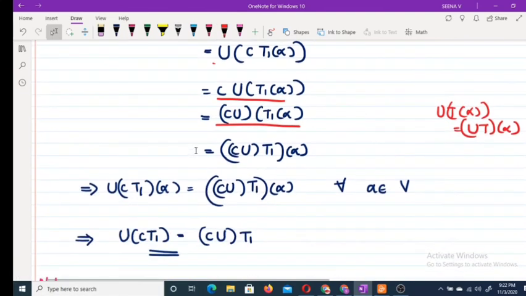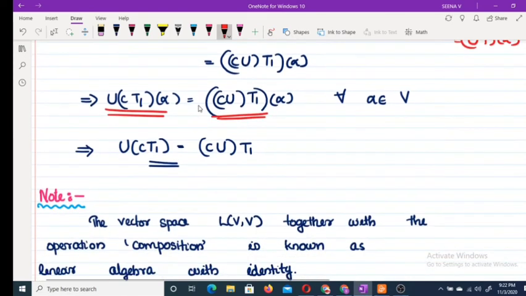And this is true for every alpha belongs to V. This implies u(c t1) is equal to c(ut1). This is our lemma.